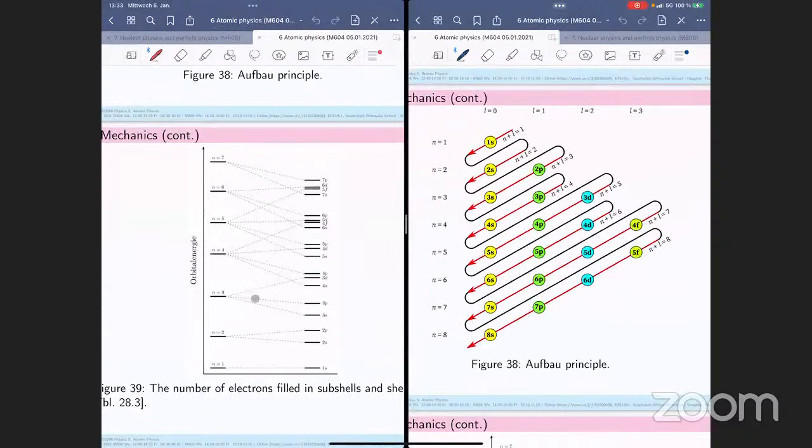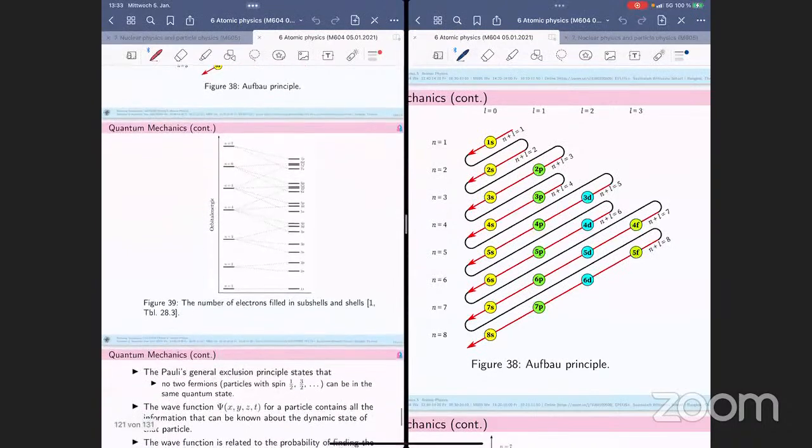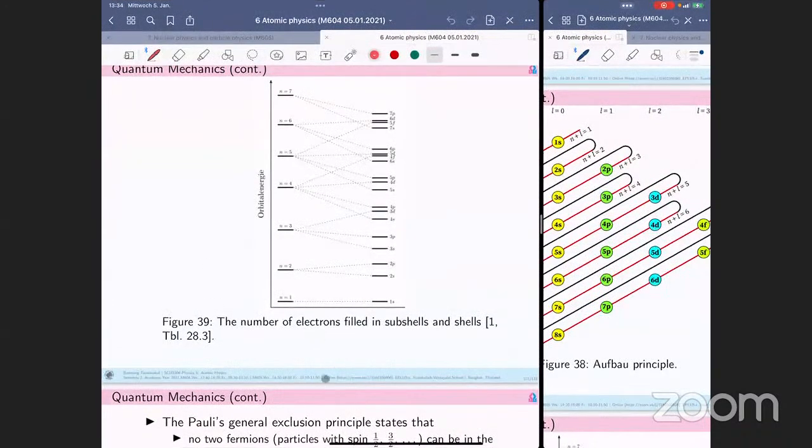If you take a look at this figure, this is taken from the German book. Here we have the nucleus, protons and neutrons at the center of the atom, and here is the electron orbit where n is equal to 1, denoted by s.